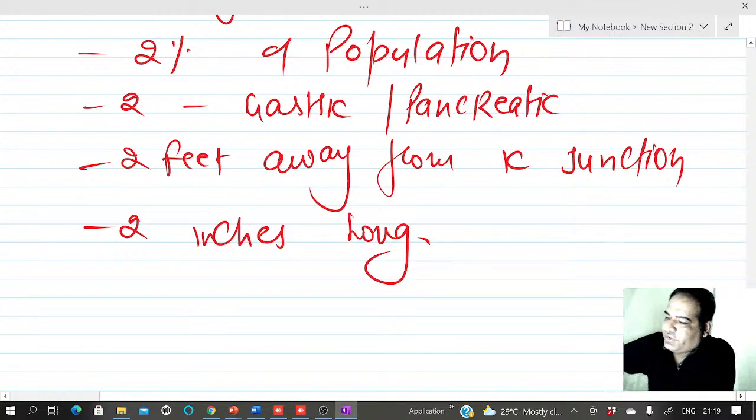If we are able to obtain derotation, we will perform fixation. So that is called cecopexy.